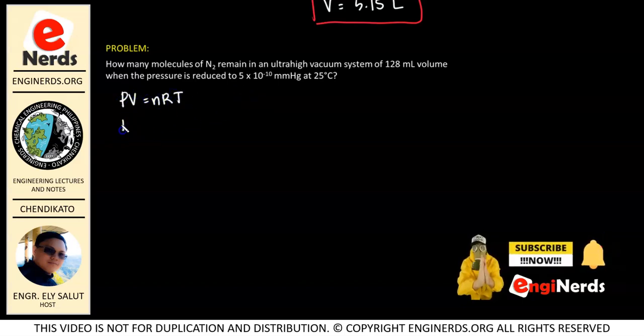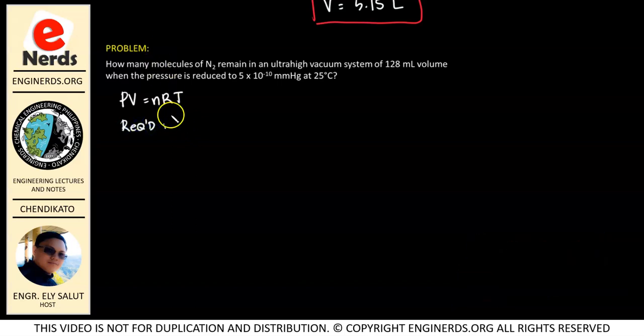So, what we need to get is the number of molecules of N2. Okay? So, how are we going to get that?